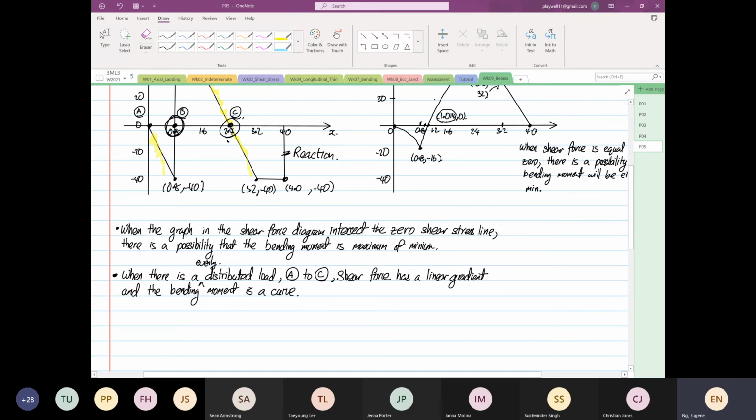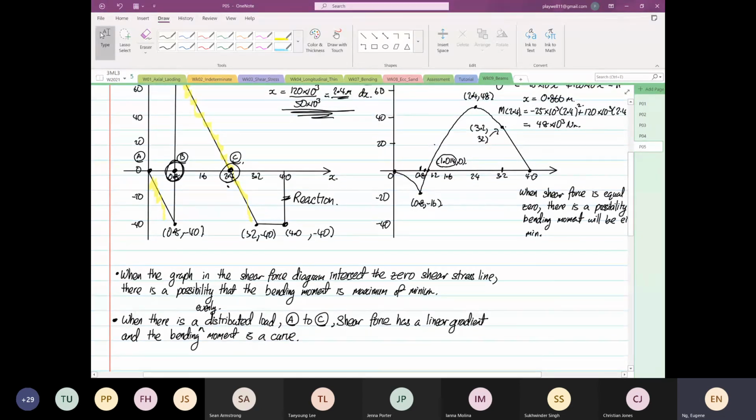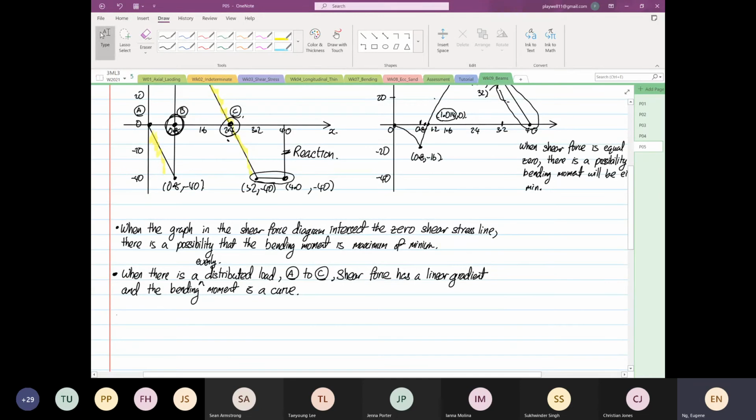And then when there's a point load from C to D, what you have is the shear force diagram is constant, whereas the bending moment is a gradient. So another trend that you can see.